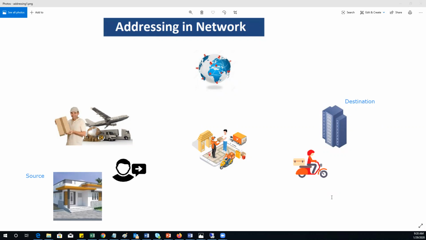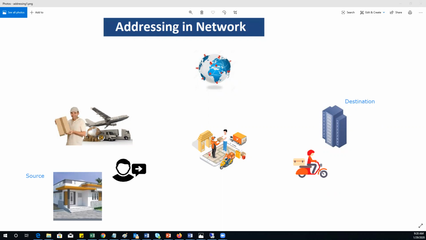So the same thing applied in the real life scenario. Here is my house, and from here I have a few parcels or some kind of gifts for any friend, colleague, or anyone.